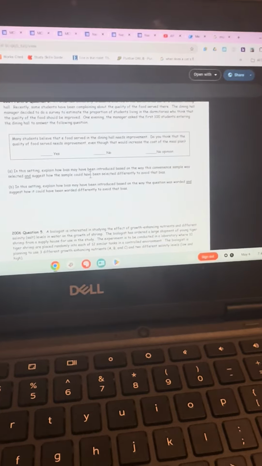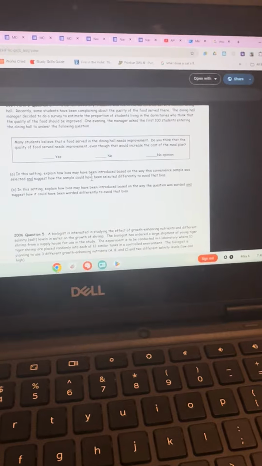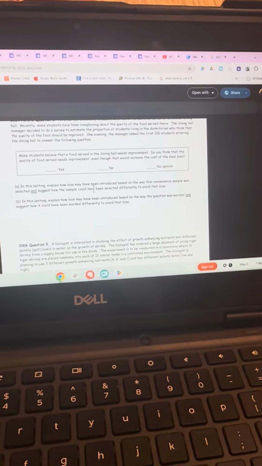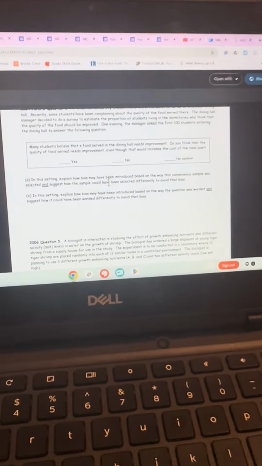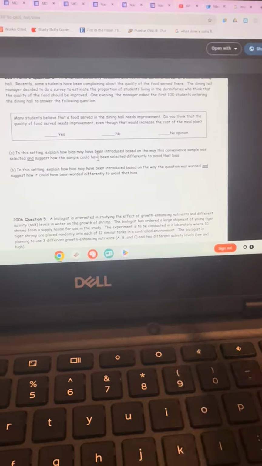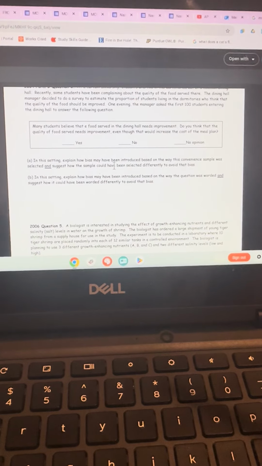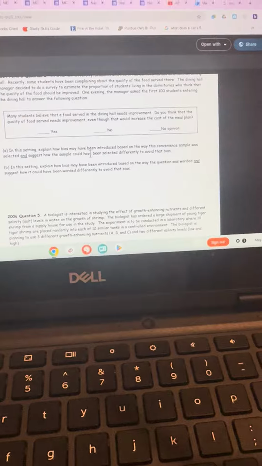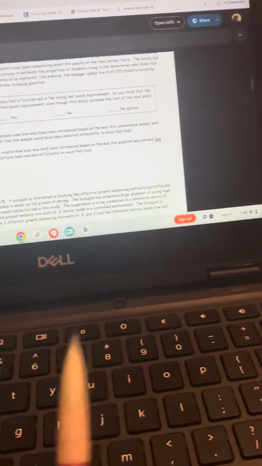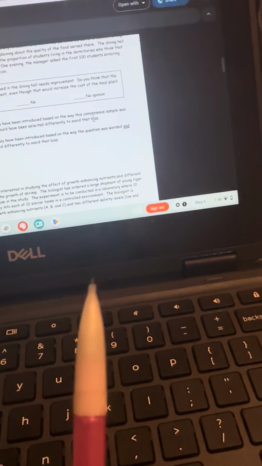Because if the food is bad enough, some students aren't even going to eat there. They're going to go somewhere else, or they're not going to be in a hurry to get there. They might find alternative options. So by doing this, you're getting those students involved in the sample too, which is going to give you a more accurate representation and a better sample. It won't be such a convenient sample.